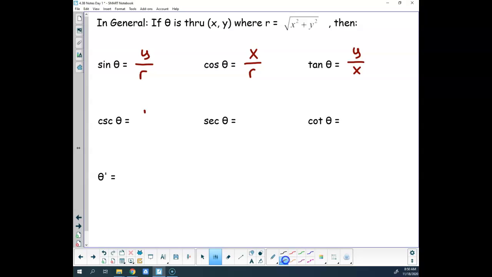Cosecant would be r over y. Secant would be r over x, just reciprocals. Cotangent, x over y. And theta, the easiest way to find theta is the inverse tangent of y over x. But there's one kicker.